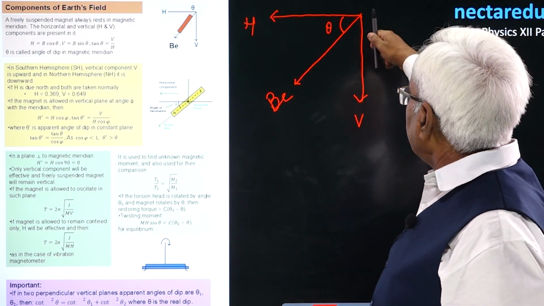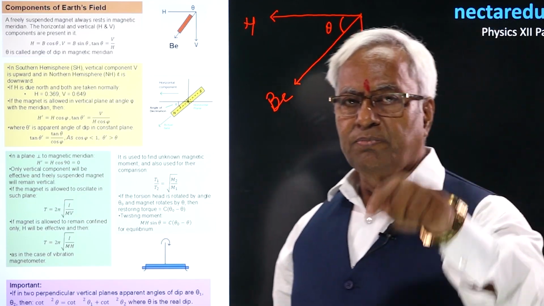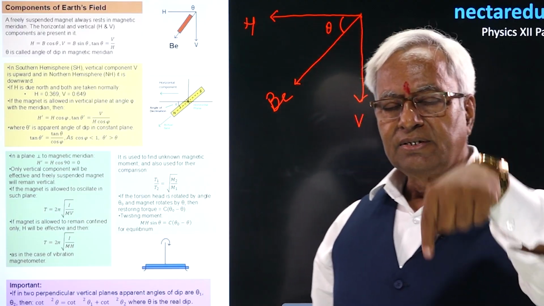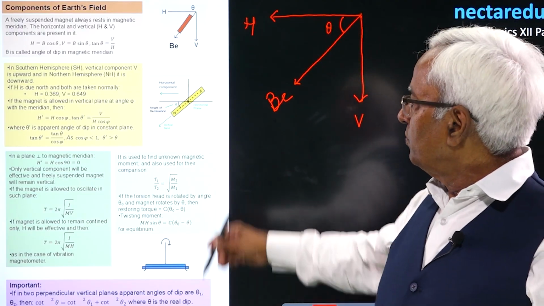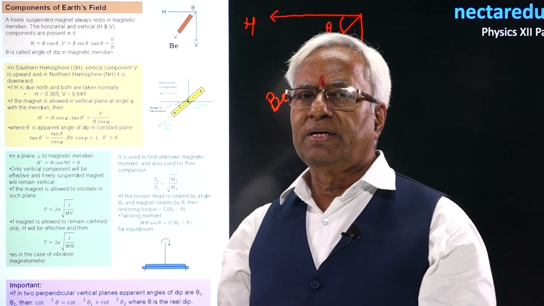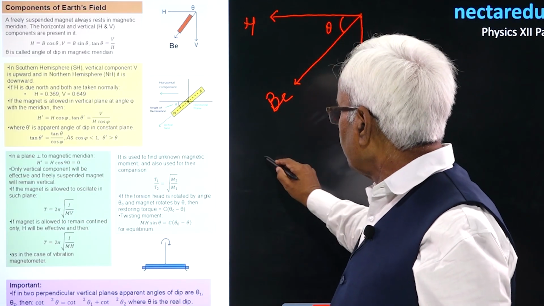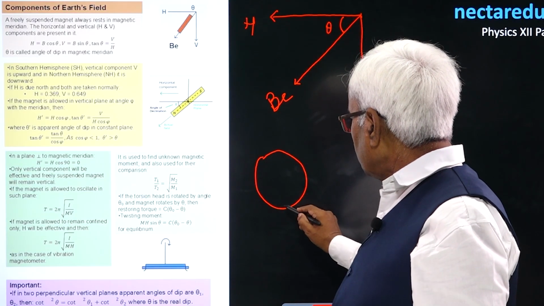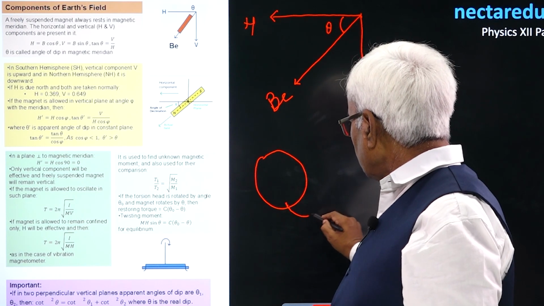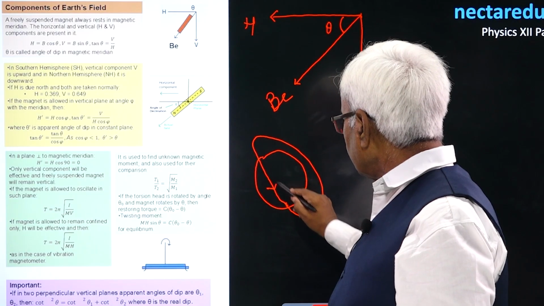You might have a curiosity why this vertical component has been considered downward. You know, Earth's magnetic lines of force will emerge from geographical south this way. Suppose this is Earth. So, magnetic lines will emerge and enter this way.